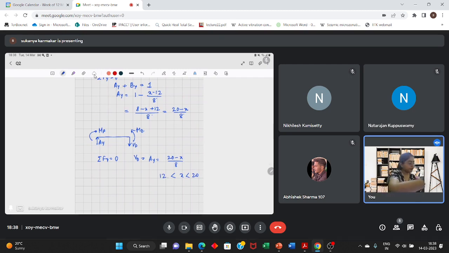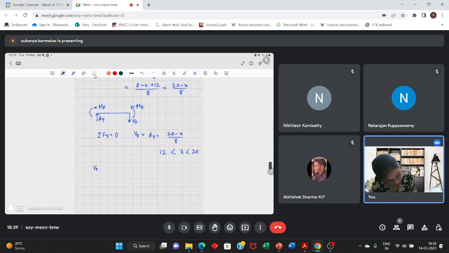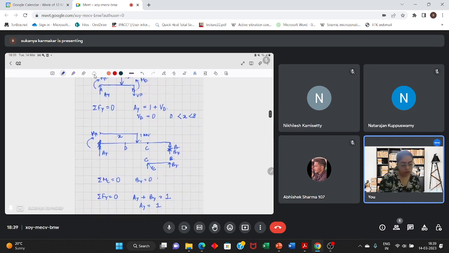So basically Vd is equal to 0 when x varies from 0 to 8, from here.